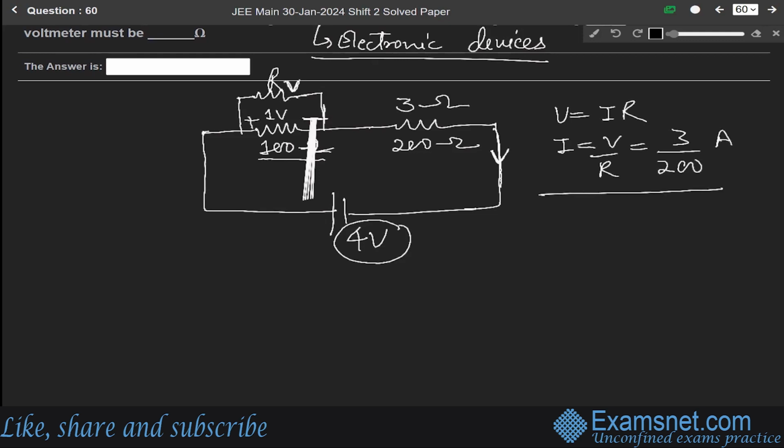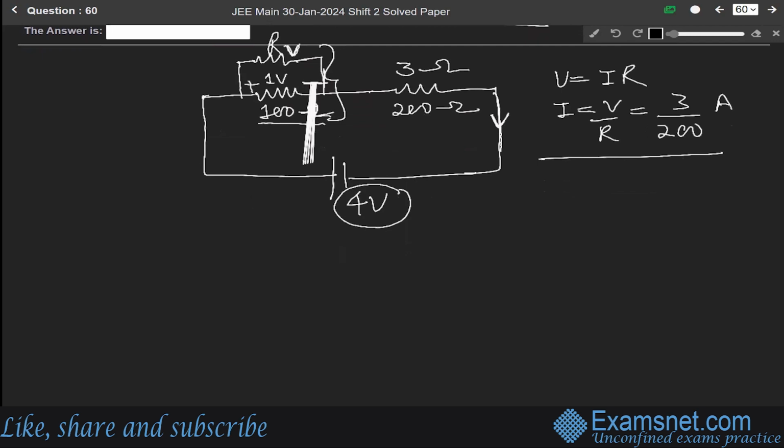Now, these two are in parallel. So using the parallel formula and also Ohm's law, at first we will use the parallel formula. So 1 over RV plus 1 over 100 equals to what?